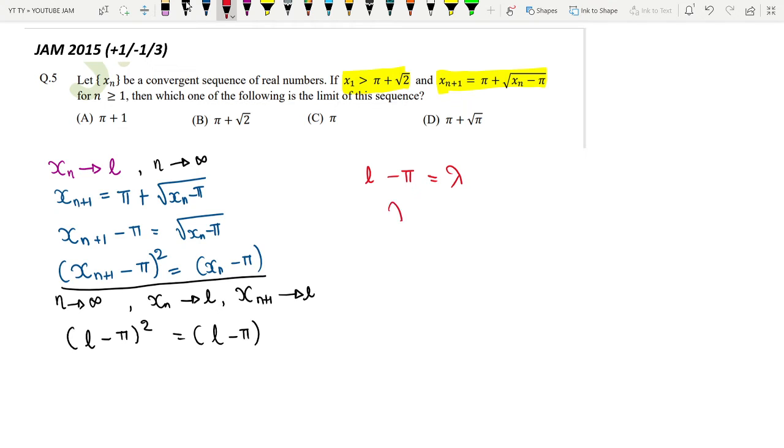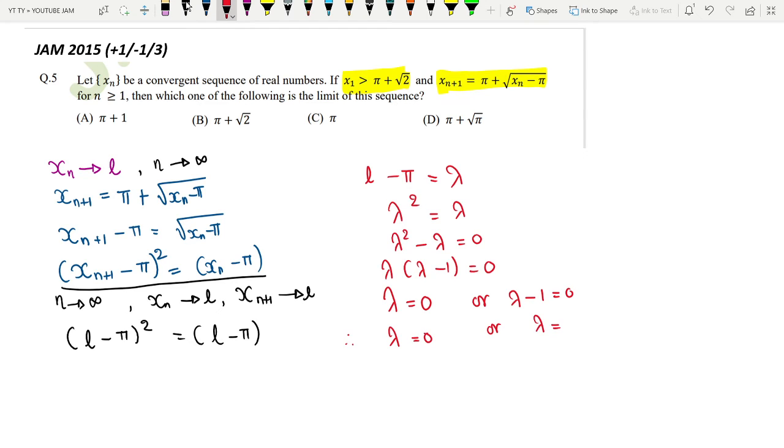So my equation becomes lambda square equal to lambda. That is, lambda square minus lambda equal to 0. So lambda times lambda minus 1 equal to 0. So there are two possible values of lambda. Lambda could be 0 or lambda minus 1 could be 0. So ultimately I get lambda equal to 0 or lambda equal to 1.